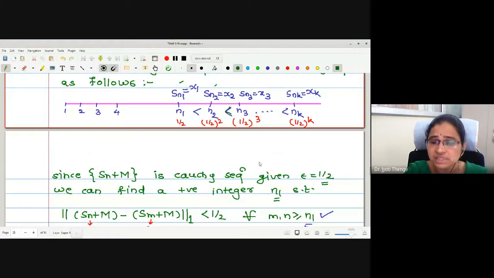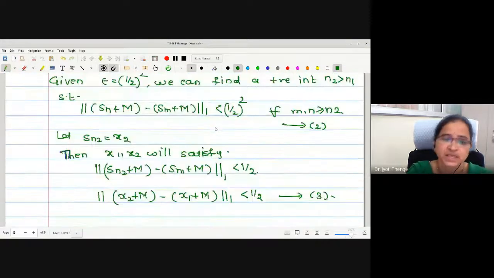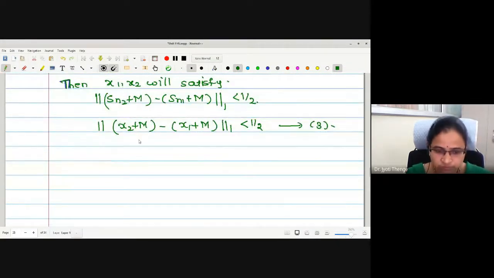So let us continue the process and identify the elements x1, x2, x3 and xk. Therefore, may I say this will form a subsequence of the original sequence, xk plus m. Here let me continue.